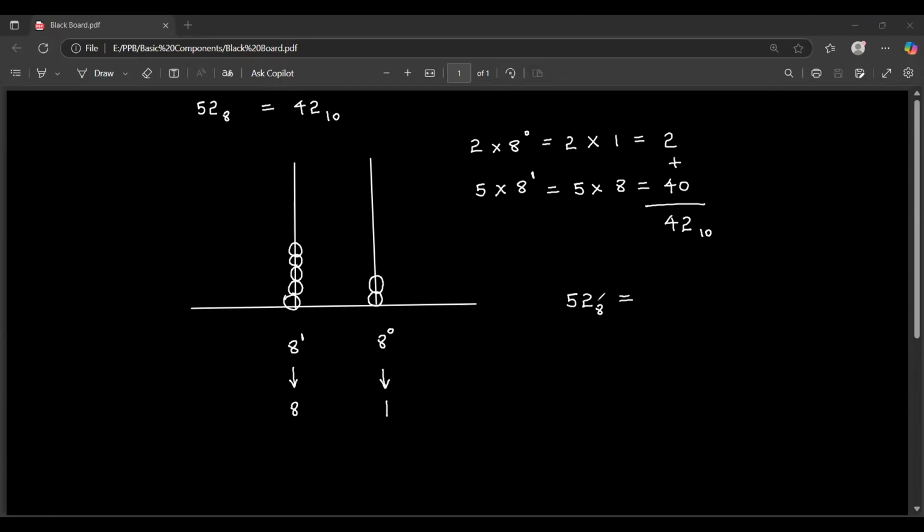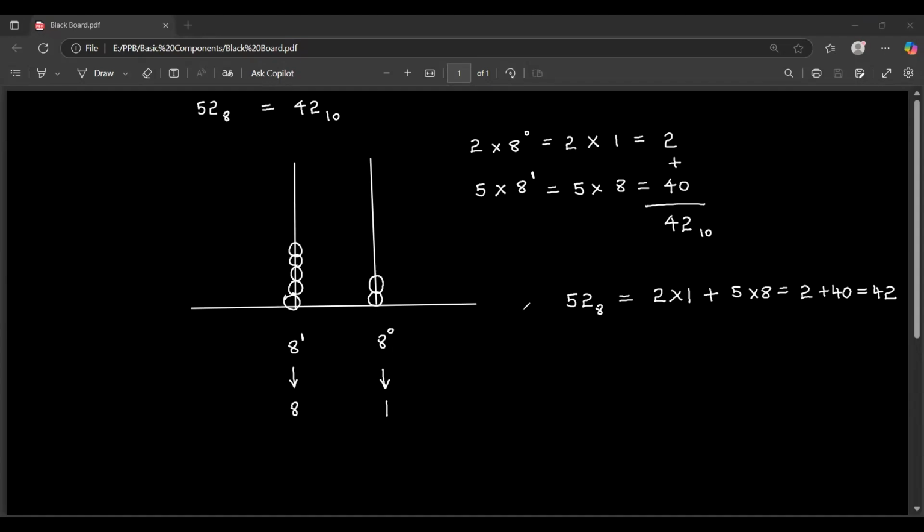Directly you can say the place value of digit 2 is 1, so I can write down 2 into 1, plus the digit 5 holds the place value of 8 to the power 1, which is 8. So it will be 5 into 8, which is equal to 40. So that will be 2 plus 40, and the final answer can be written down as 42.